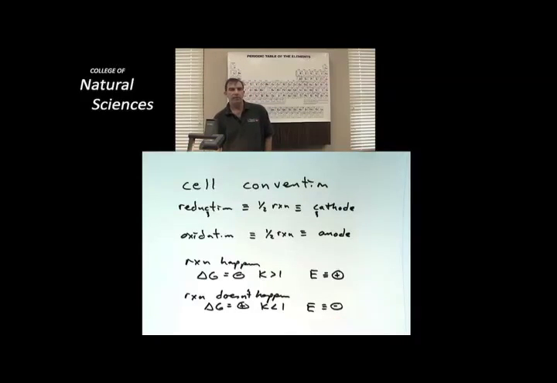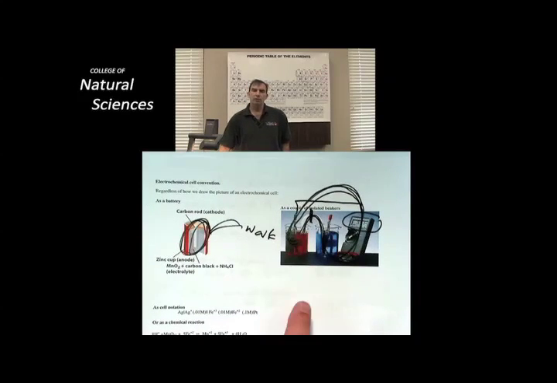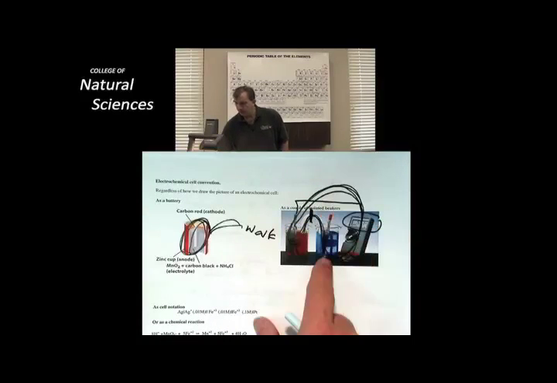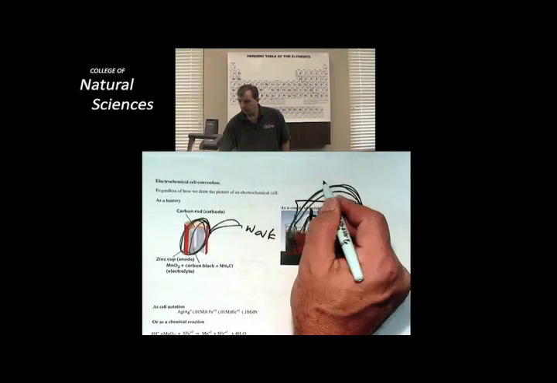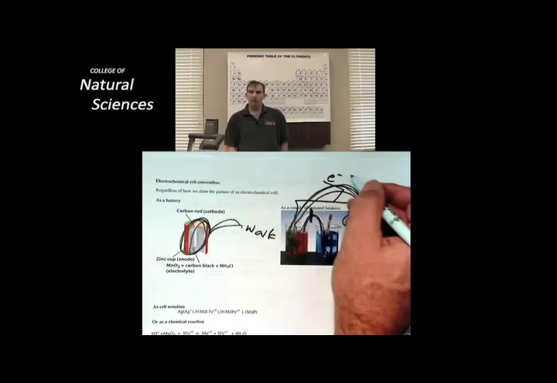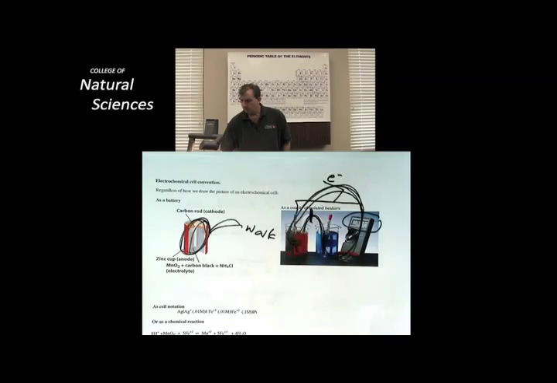Interestingly, as I take a look at these cells right here, and I think about whether a reaction happens or not, a lot of that is going to be driven by a sense of whether or not the electrons are moving in one direction or in another. So when I draw this kind of loop right here, believe it or not, I can draw the loop such that the electrons are moving out of the cell to the right, or I can just as easily imagine the reaction being written such that the electrons are going in the other direction.